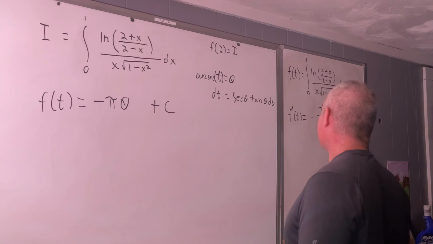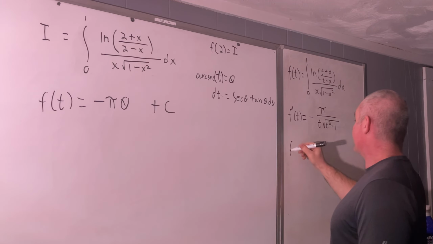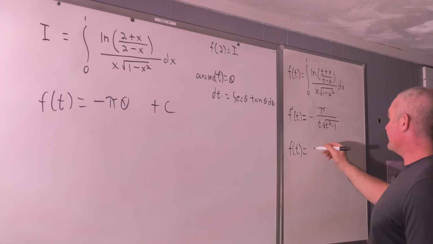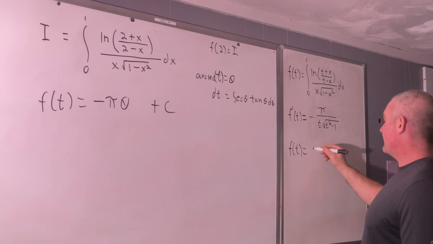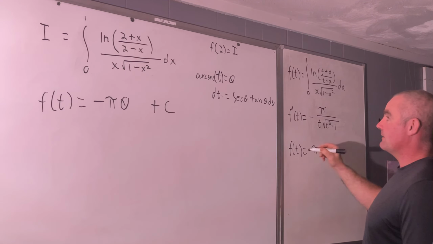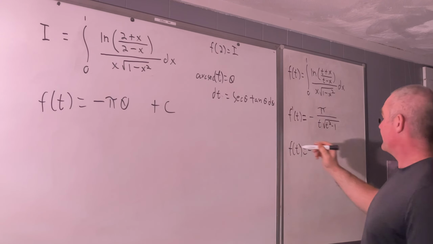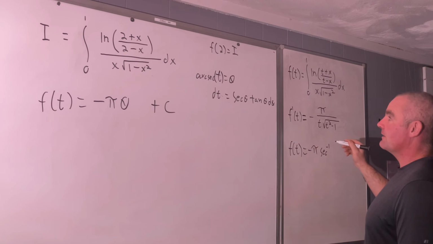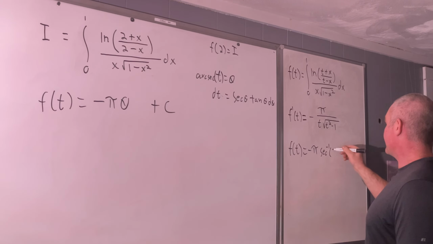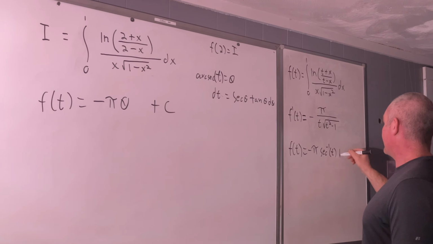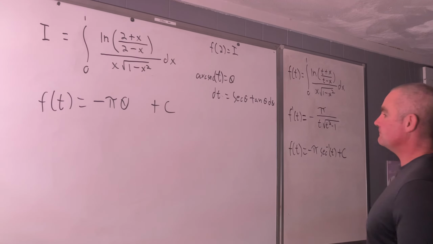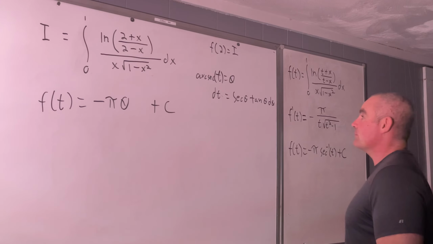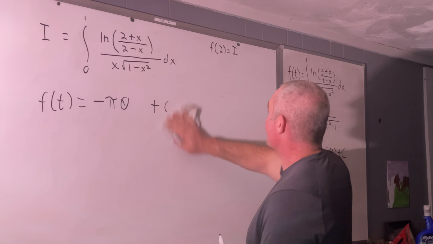So f of t is equal to minus pi times, I'll write it as secant inverse t plus c. All right. Minus pi secant inverse t plus c. Yeah, that's right.